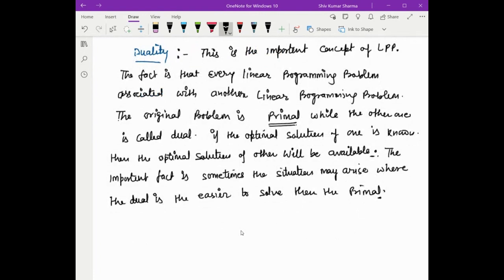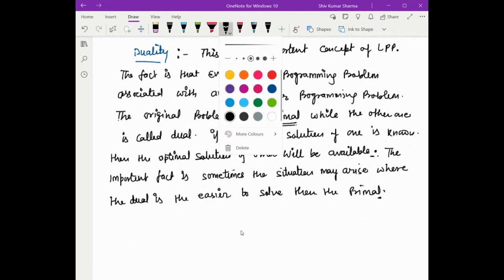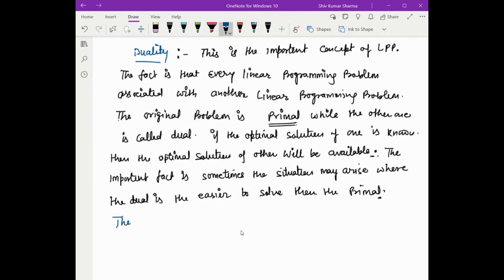So the concept of duality in linear programming problem.